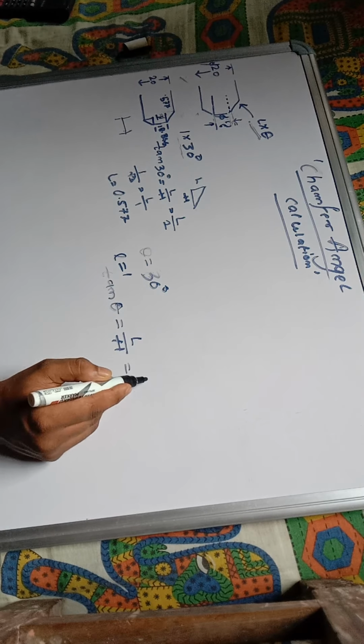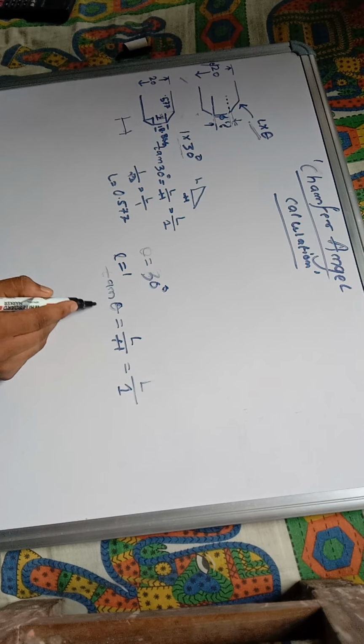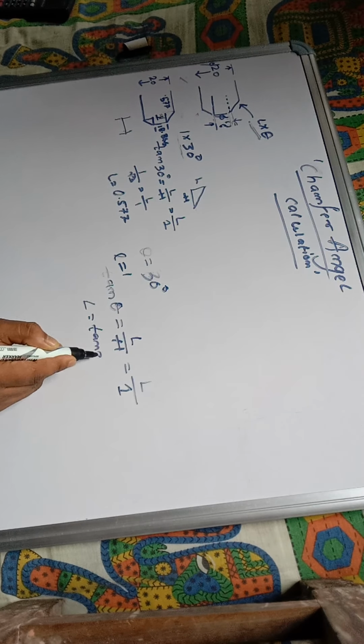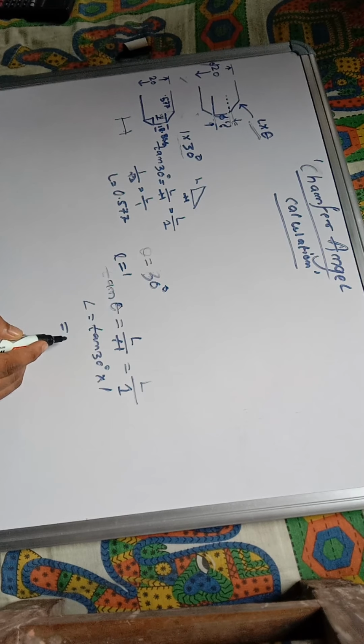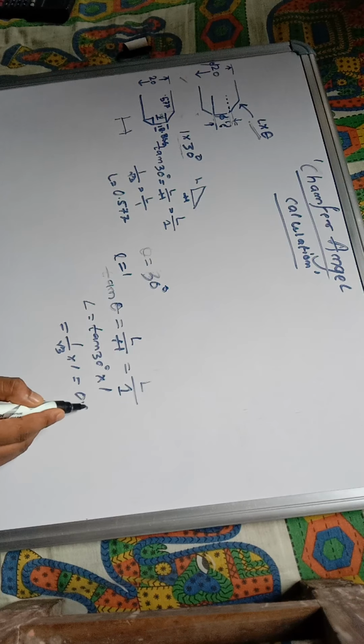You simply put the value of h as 1, and theta is 30 degree. Then tan 30 degree into 1. What will you get? After calculation, tan 30 equals 1 by root 3, into 1, and you will get the value 0.577.